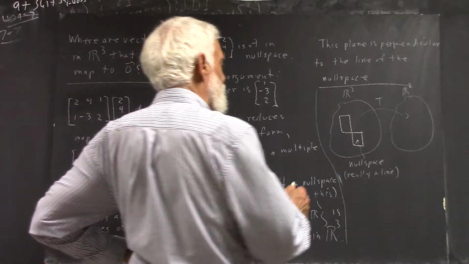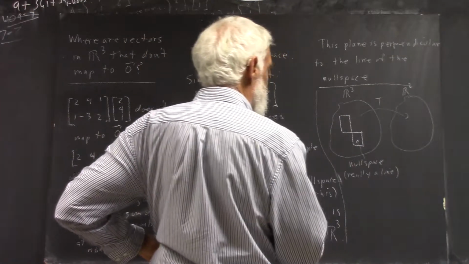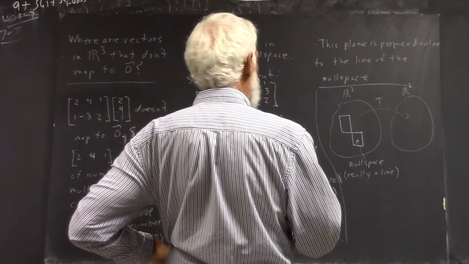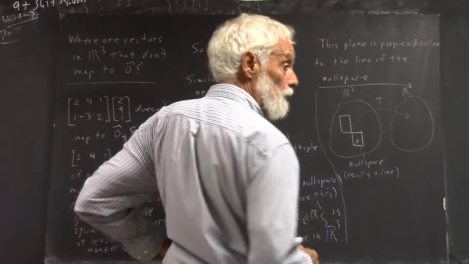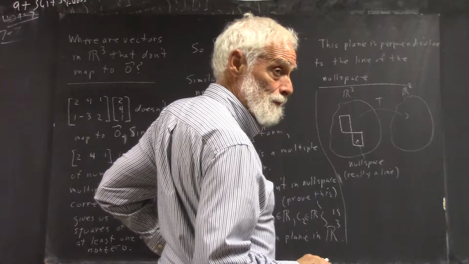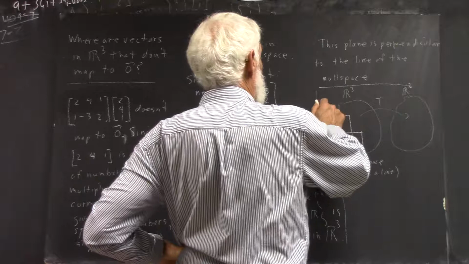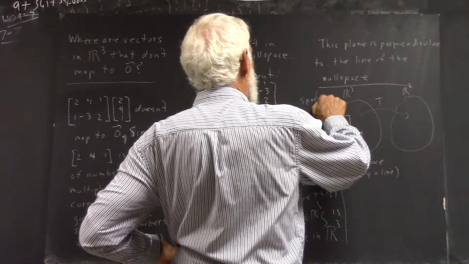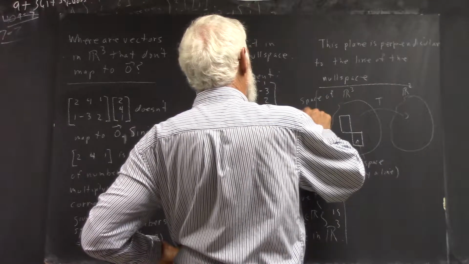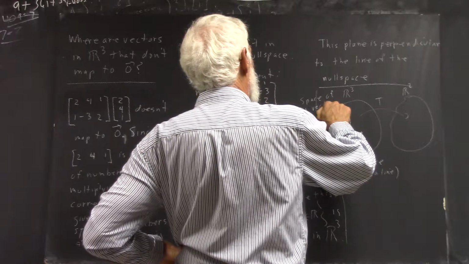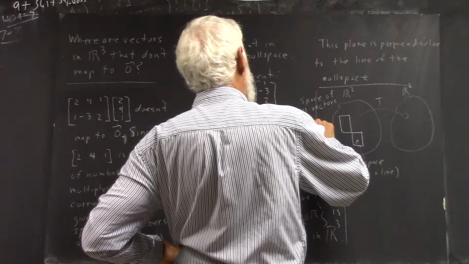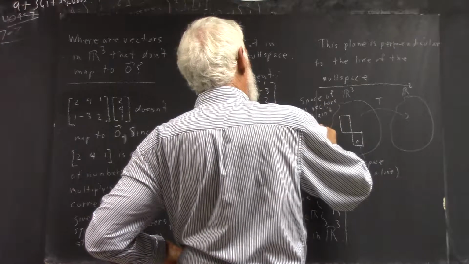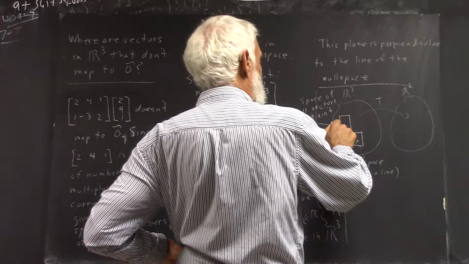And then this is the space of all vectors that don't go to 0. Now there's a name for that, but I'm just going to call it the space of all vectors what ain't null.